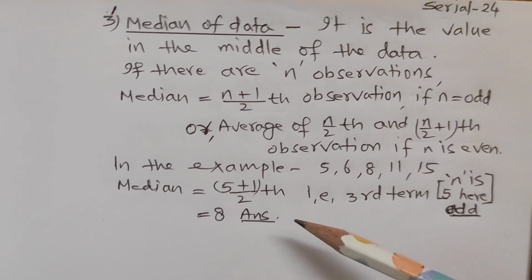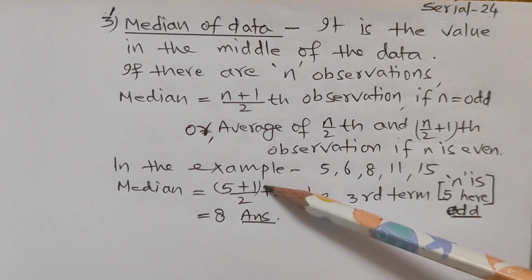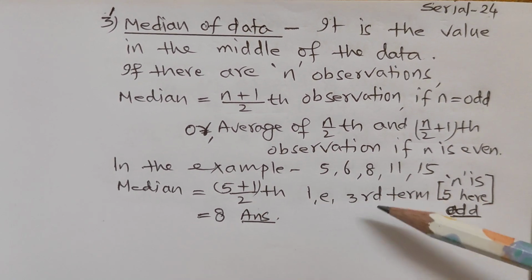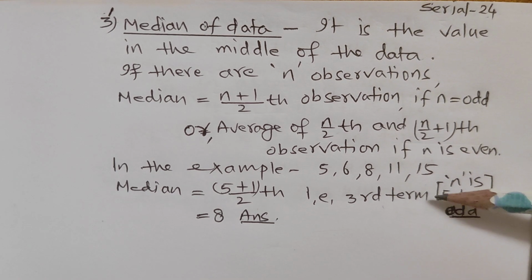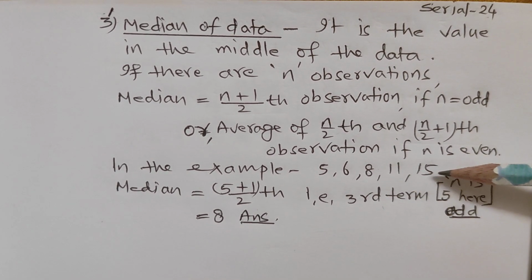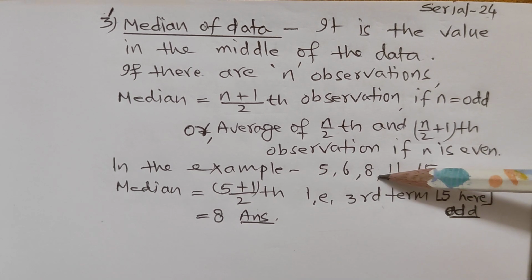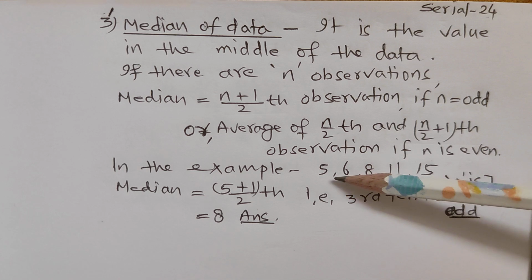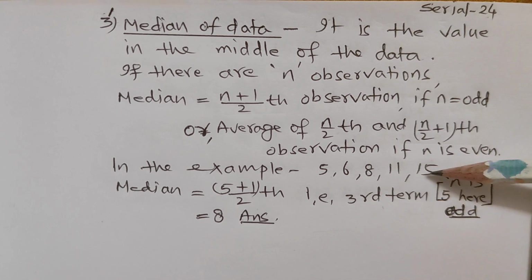So median will be equal to the (5 plus 1) divided by 2th term, that is the third term, and the third term is 8. So the median of this data is 8. We can see that prior to 8 there are 2 terms, and after 8 there are 2 terms or 2 observations.